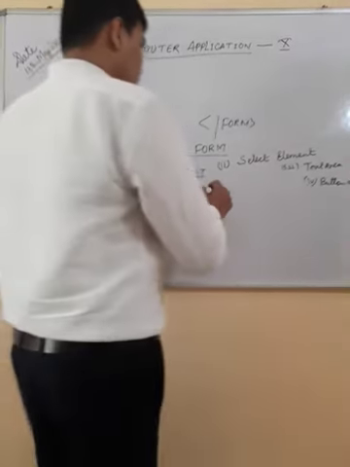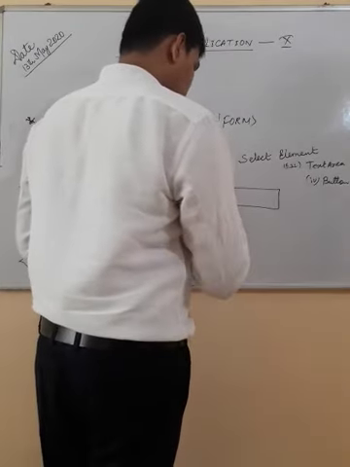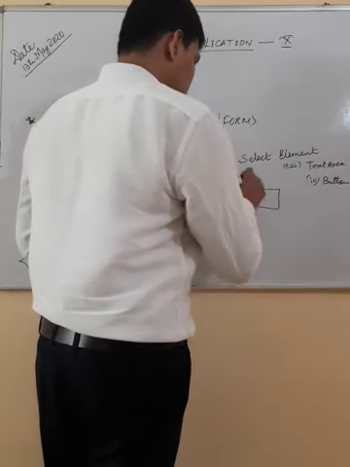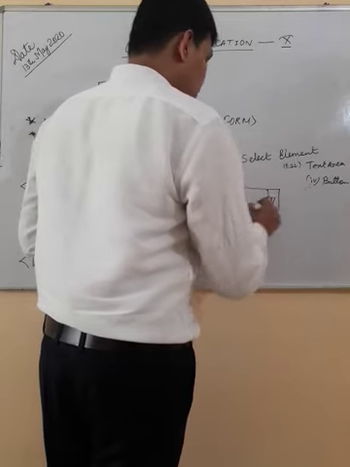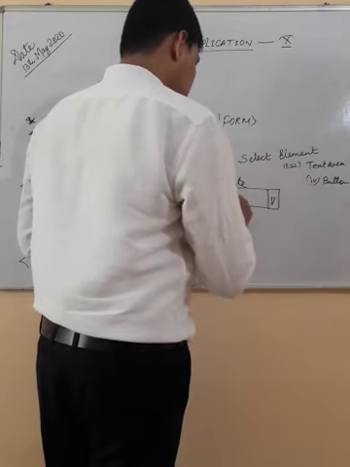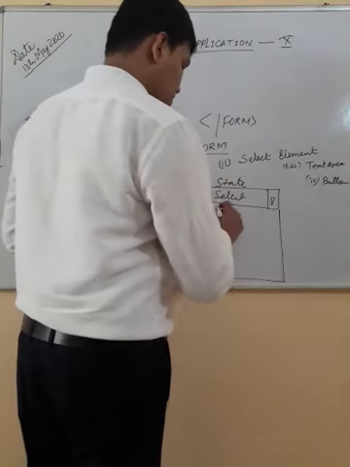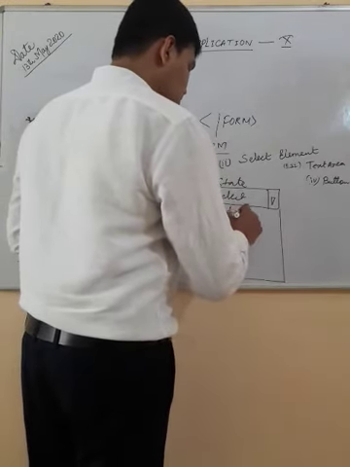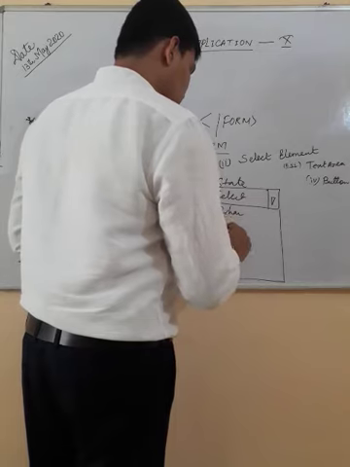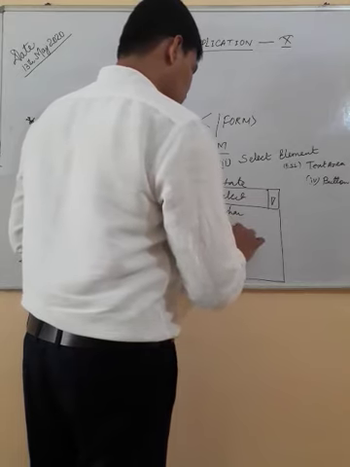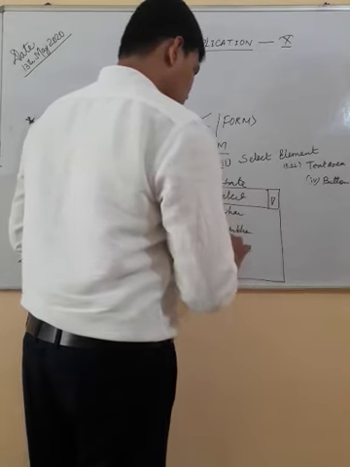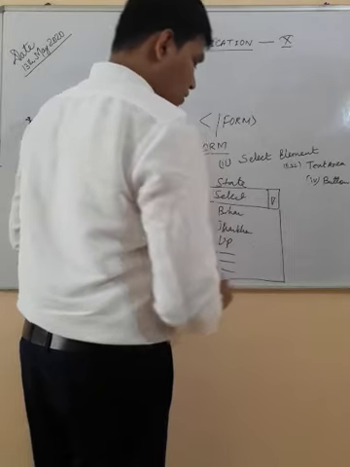For example, there is a drop down list named state. Select state is written there, and there are multiple options: Bihar, Jharkhand, UP, whatever. There are different options there.